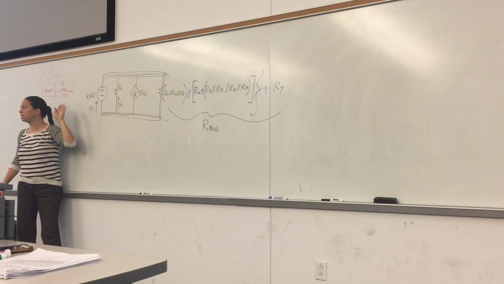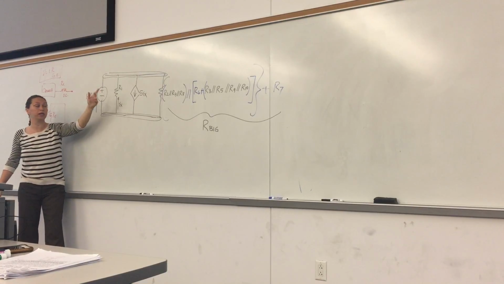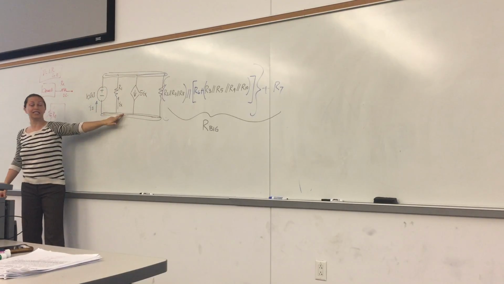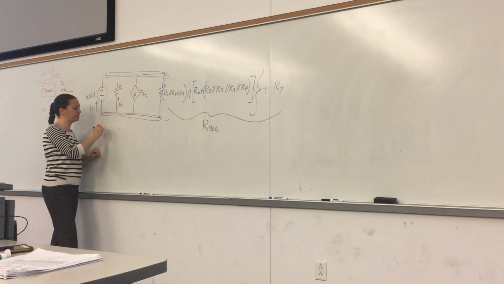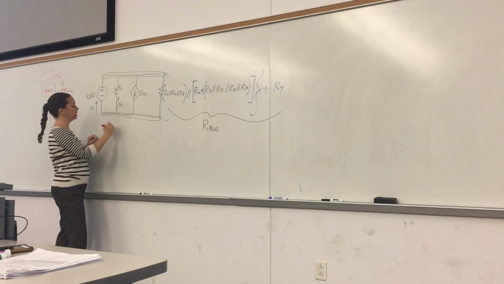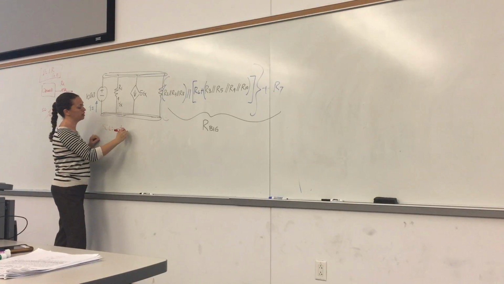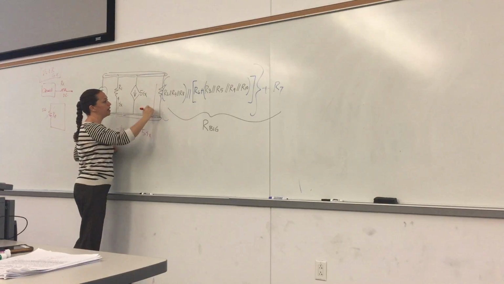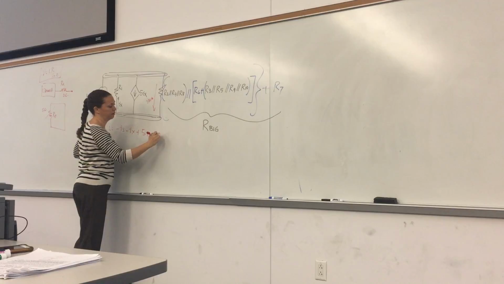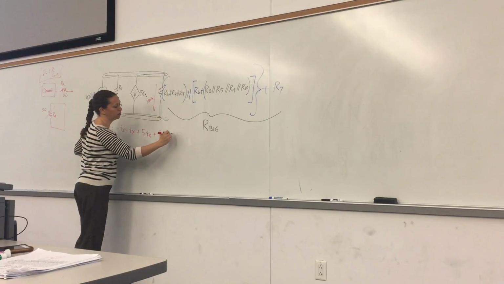So I'm going to look into a KCL equation, and there's only one meaningful node, right? KCL at this node and KCL at this node will give me the same equation. So if you write the KCL, what do I have? Negative IS, negative IX, plus 5 IX, and I big equal 0.